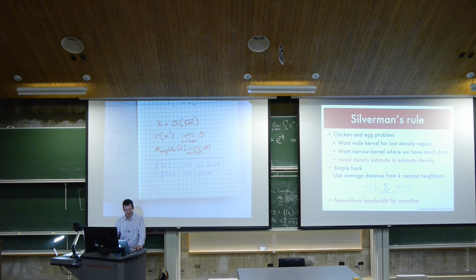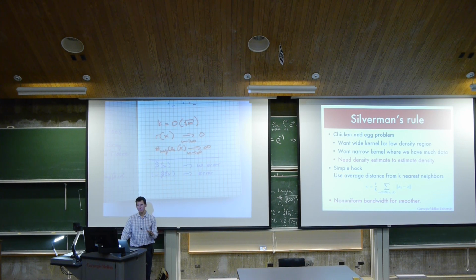Essentially, Silverman's rule goes as follows. Let's come up with a very, very cheap proxy of what my approximate, sort of, kind of density is. And the cheap proxy is that I'm going to take my k nearest neighbors, and I'm going to pick the average distance among the k nearest neighbors.